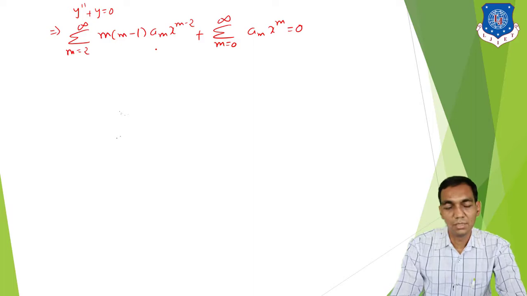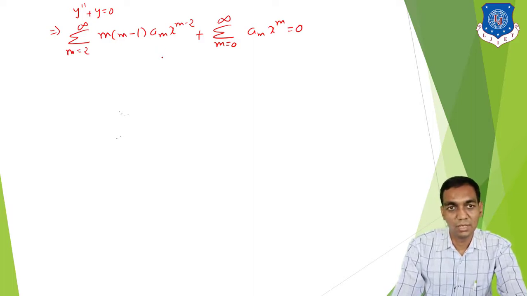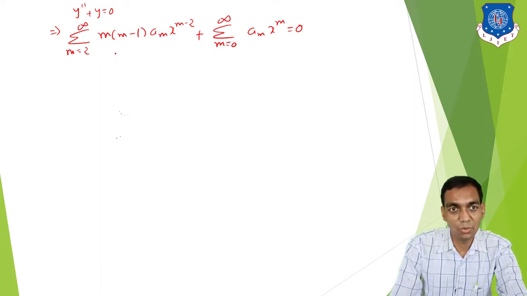Now see, there are two methods. Either write down this in the series form and then collect the terms, or we use the simple substitution method to reduce each power in the form of x raised to m. This is x raised to m, and if I have to reduce this power in the form of x raised to m, then I am going to replace m by m plus 2 in this term only.